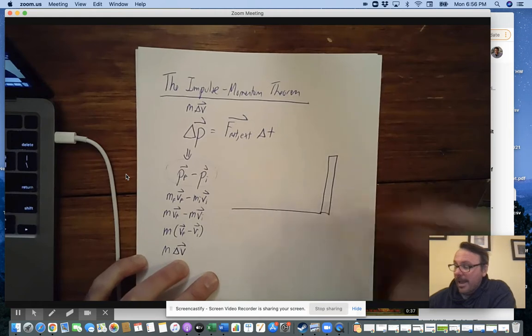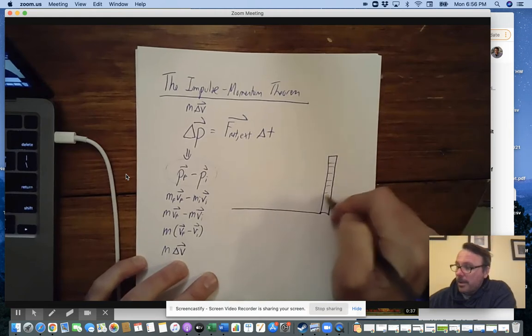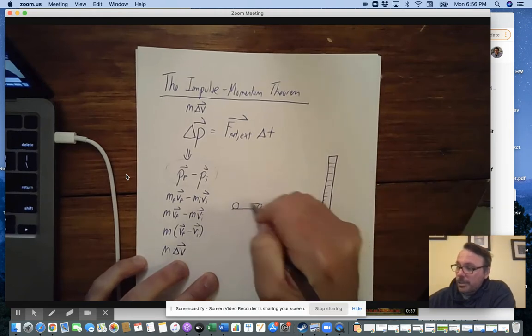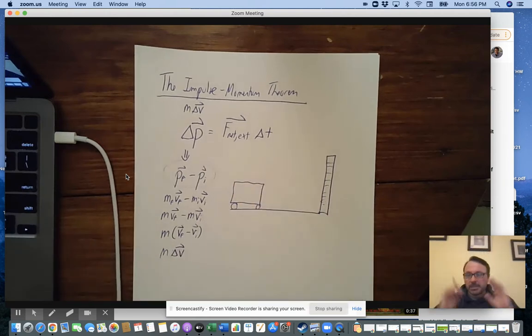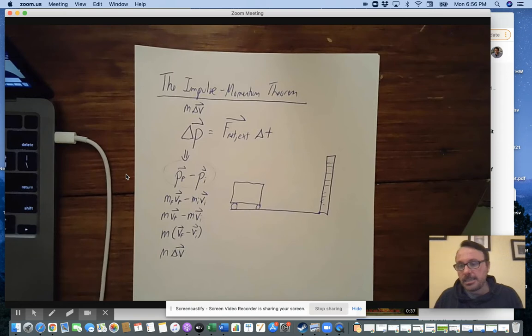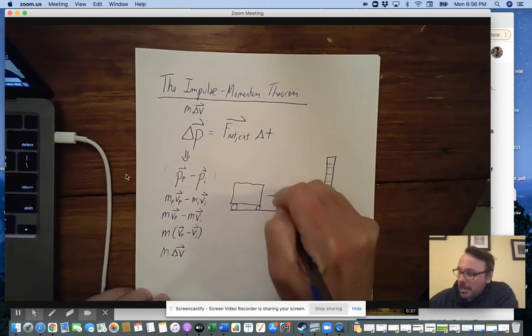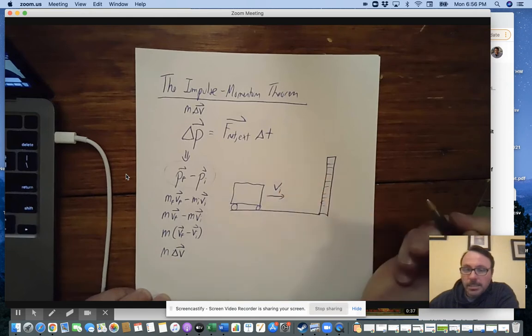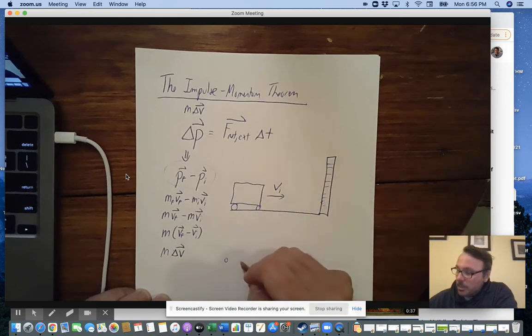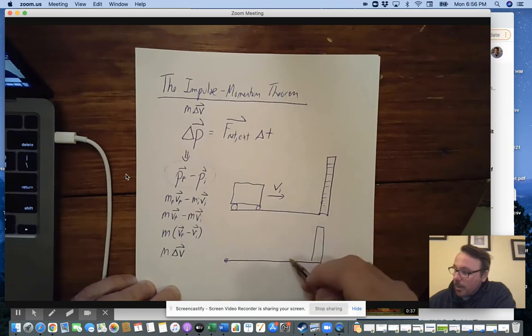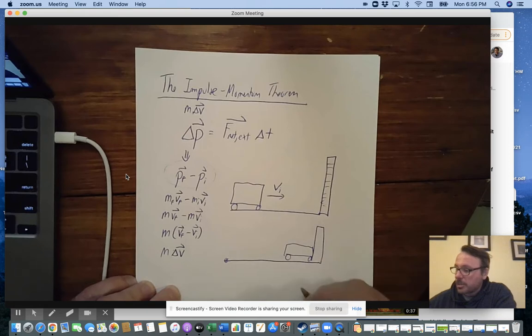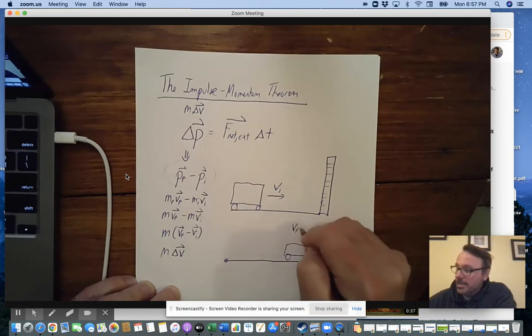So if I have a brick wall here, and an unfortunate driver here, let's say there's no one in there, test crash dummies, we're not going to do anything nasty to human beings here, and our object is speeding along with a certain initial velocity, and then it hits the wall, right? And when it hits the wall, there's a bunch of things that could happen, but let's say that in this case, it just crashes into the wall and it comes to rest.